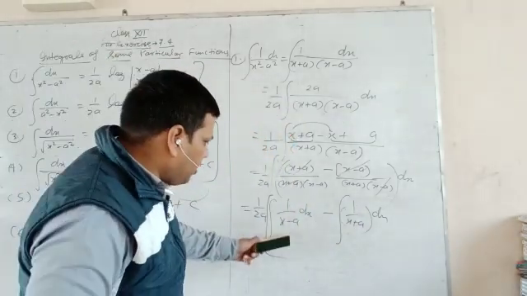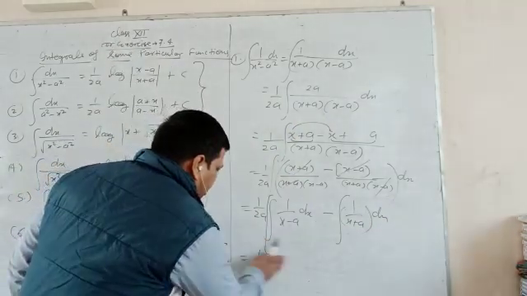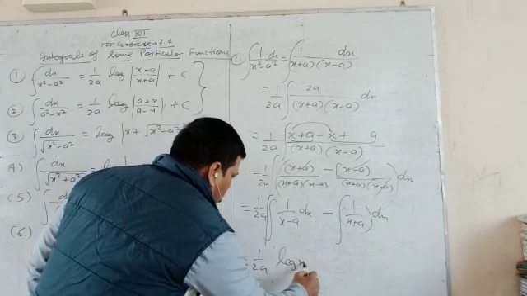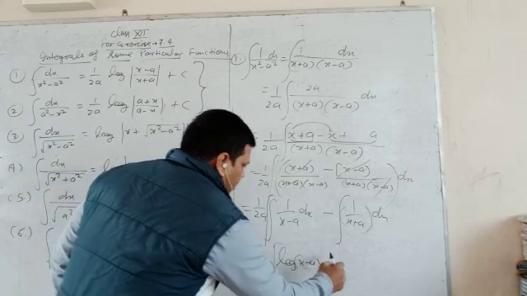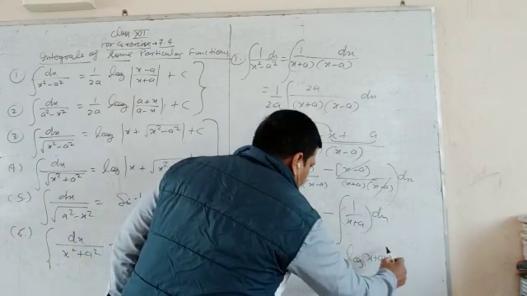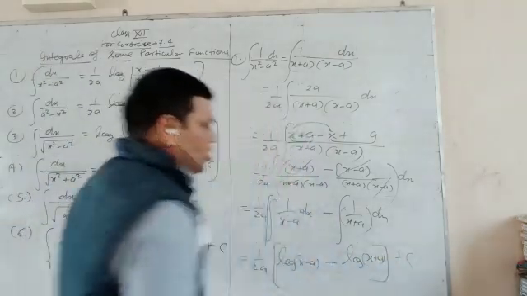You have 1 upon x, that is log x. So this is the log formula, log x minus a, and also it is written as log x plus a, and the c, always we have the c, the integrating constant.